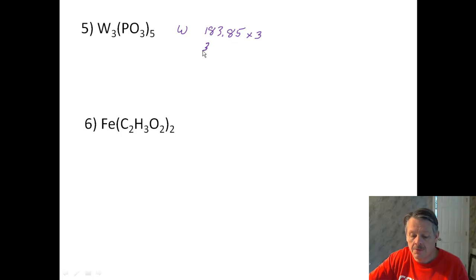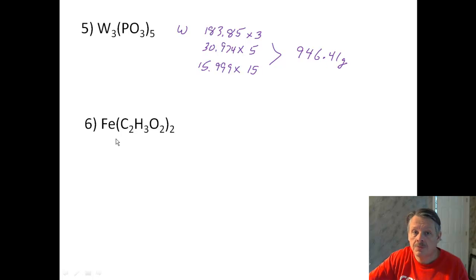And I've got phosphorus, which is 30.974, and I've got 5 of them. How many oxygens do I have? Look at that. Well, oxygens, I have a total of 15 of them. So I multiply them all together, and I come out with something that weighs a whopping 946.41 grams.